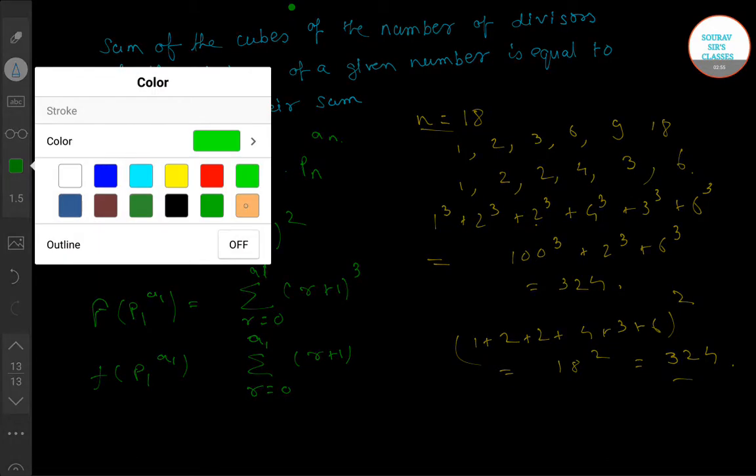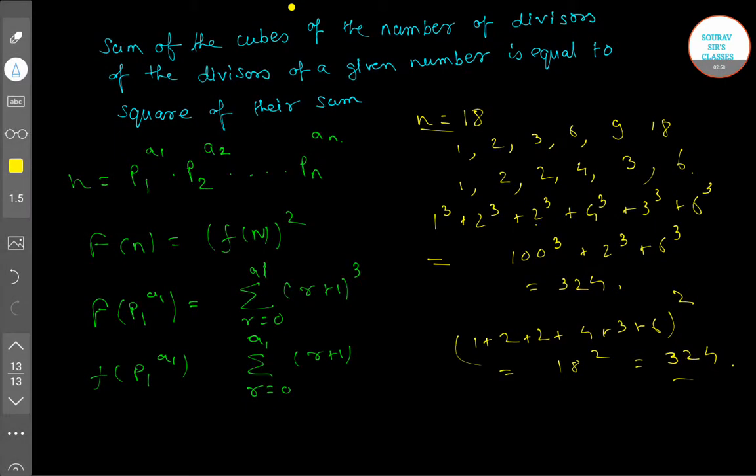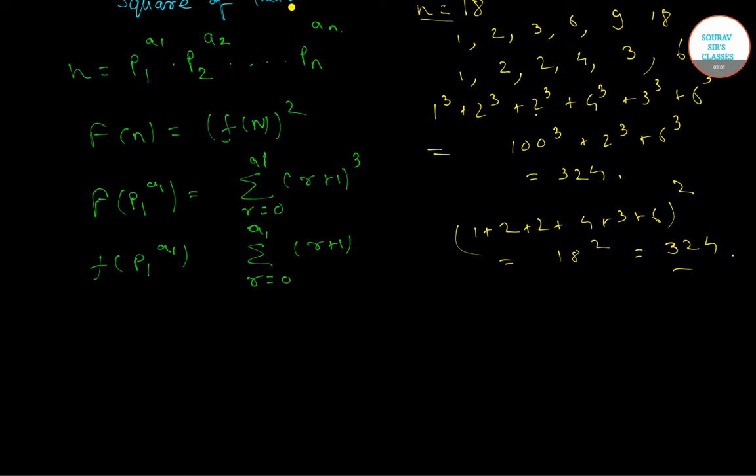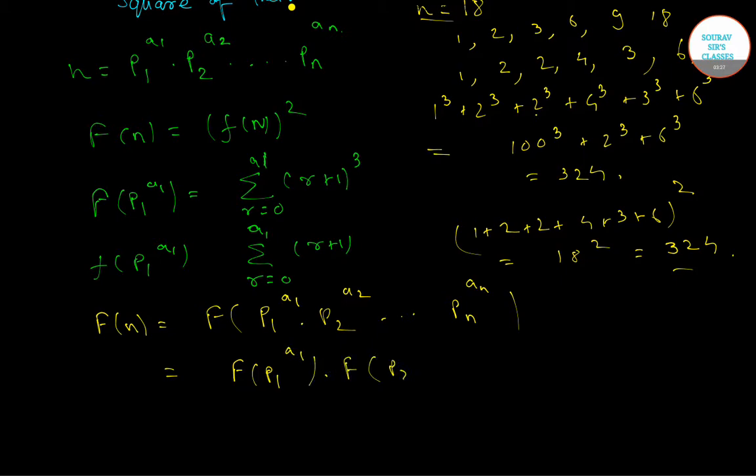Now we have f of n is equal to f of p1 raised to the power a1 into p2 raised to the power a2 and so on till pn raised to the power an, which is equal to the product of f of p1 raised to the power a1 into f of p2 raised to the power a2 into f of pn raised to the power an.